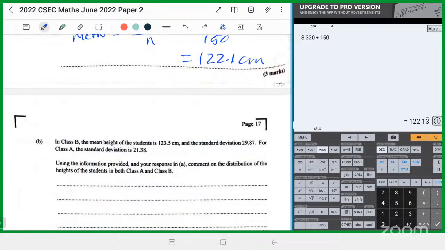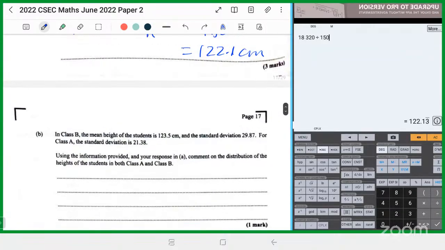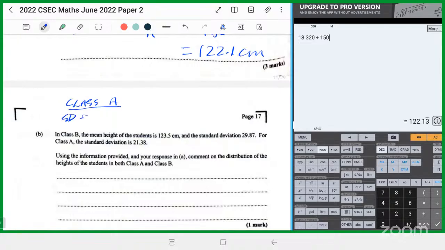So I'm just going to take a minute to explain this interpretation. Let's write out the data here. Don't let information be hidden in words. So for class A, the standard deviation is 21.38, and the symbol of a standard deviation is this, but I'm going to write ST for now.